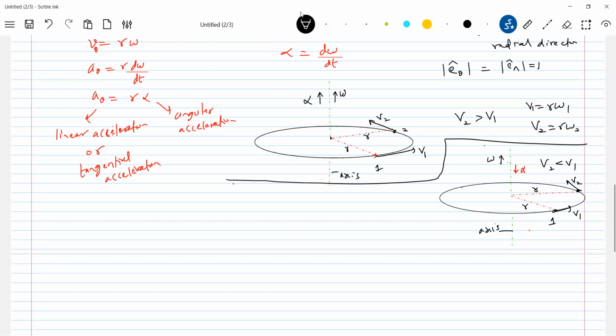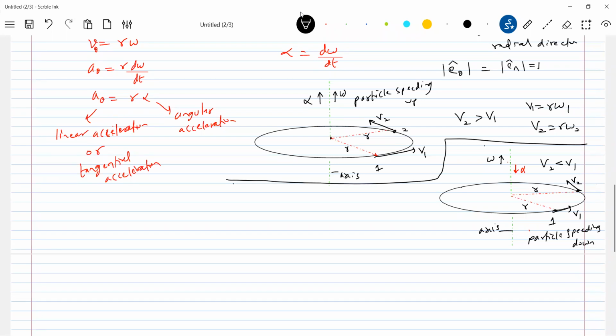So here the particle is speeding up, and here the particle is slowing down. If the speed of the particle increases, then omega will also increase.